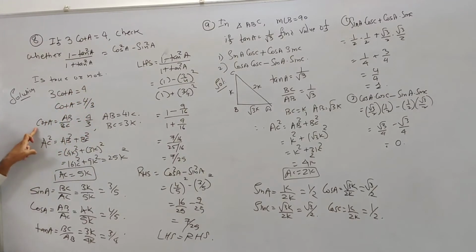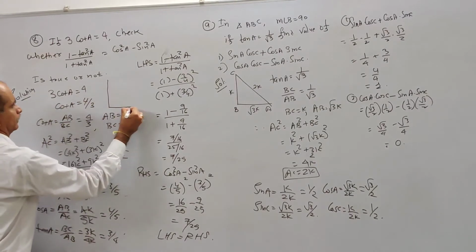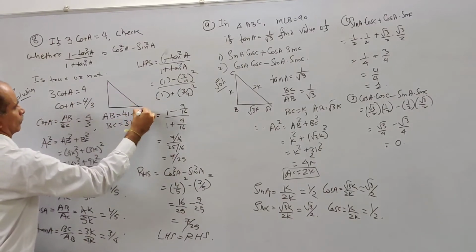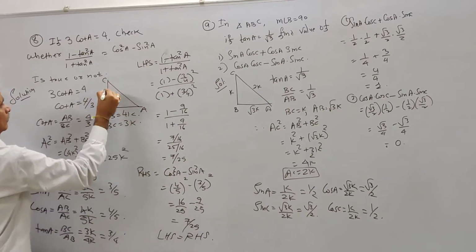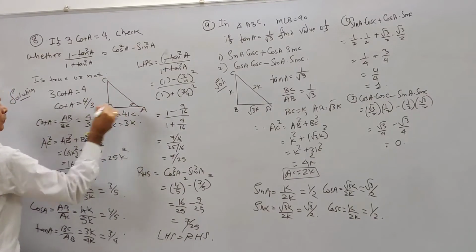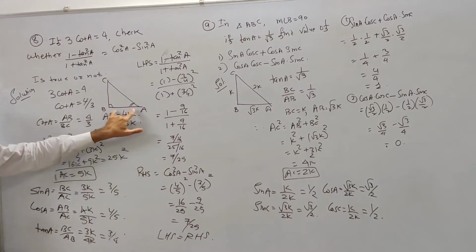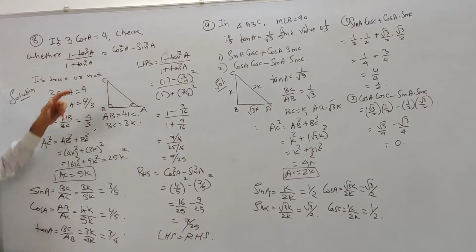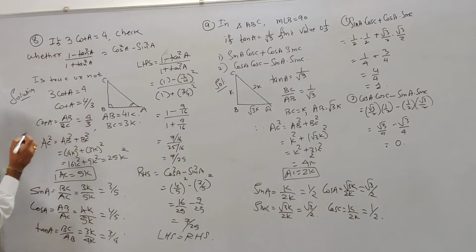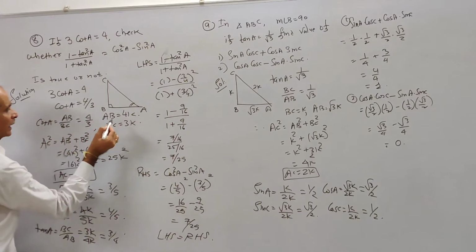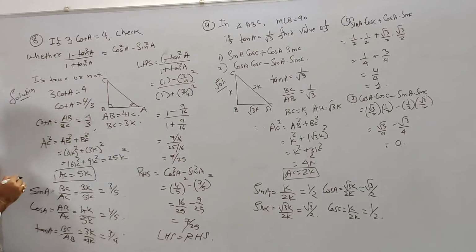So cot A means adjacent side upon opposite side. So AB upon BC is equal to 4 by 3. Therefore you can write AB is equal to 4K and BC is equal to 3K.